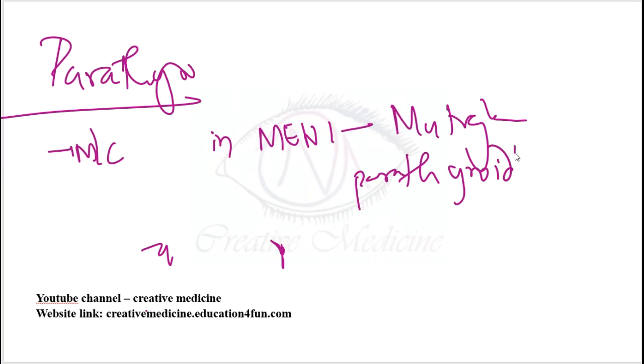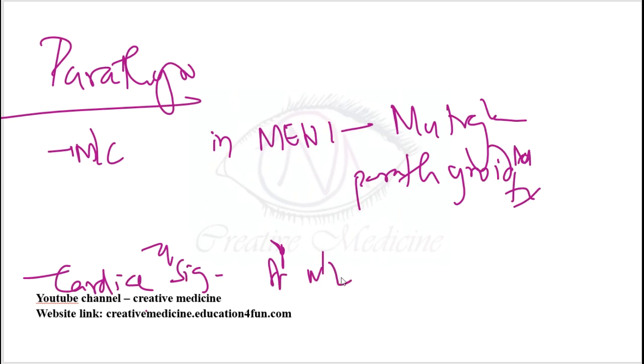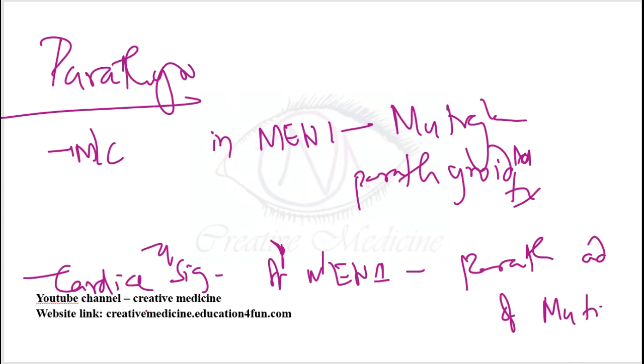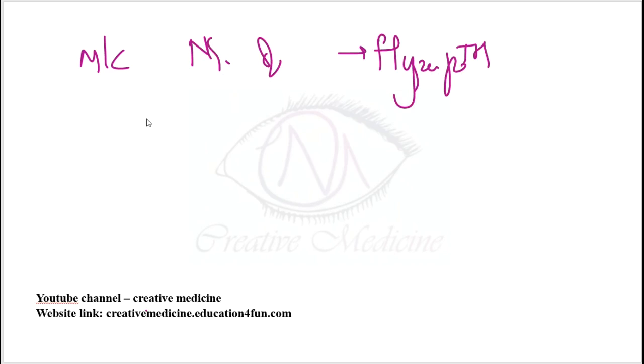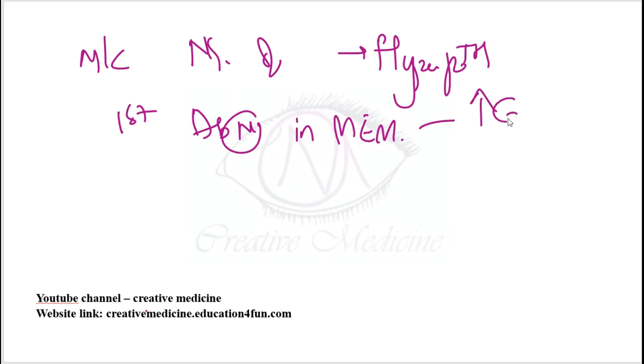If you were asked the cardinal sign of MEN1, it is parathyroid adenoma with multicentricity. The most common manifestation of MEN1 is hyperparathyroidism. The first abnormality seen in MEN1 is hypercalcemia. So these are important points about the parathyroid.